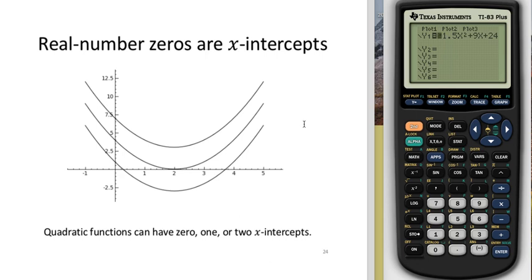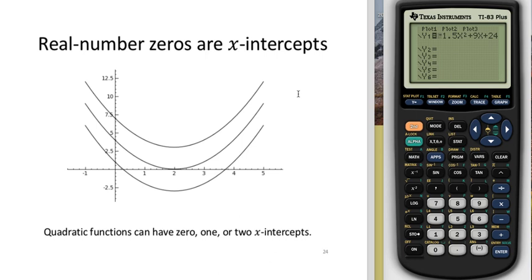And finally, the last case is demonstrated by the parabola on top, where it's an upward opening parabola, but the vertex is above the x-axis, so it's never going to hit the x-axis. We don't have any x-intercepts. Those are our three cases in terms of x-intercepts.